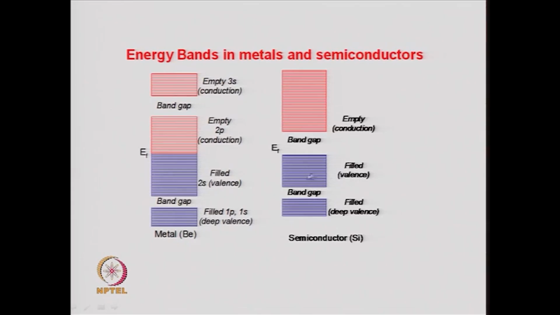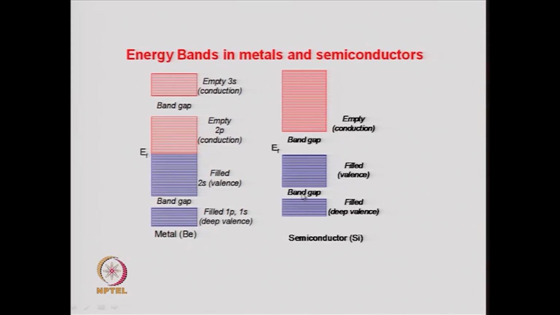So, this is the filled valence band, and then there is some inner valence band or the core band, that is also filled. Now, when you go to the higher energy levels, there is a gap in energy where you cannot have any electron, because there is no energy level available. So, this is a band gap here.